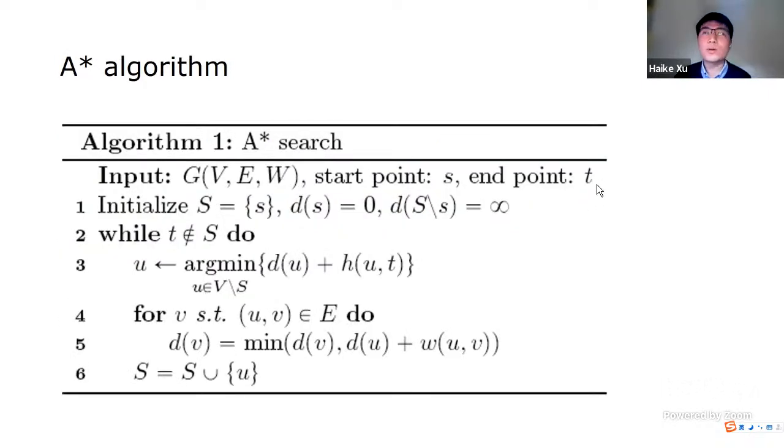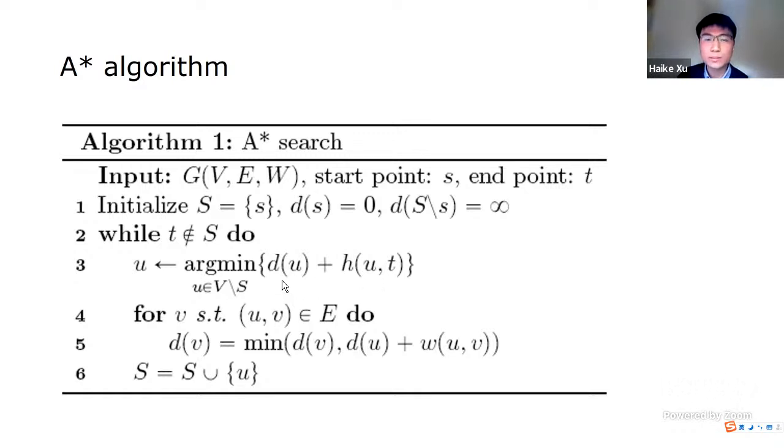First, before starting our analysis, we need to formalize the procedure of the A* algorithm and some properties of A*. Please see the pseudocode on this page. A* starts with a set capital S equal to {s}, the source vertex s. At each step A* expands a vertex u according to this rule: it selects the vertex with the minimum estimated distance, calculated by d(u) plus h(u).